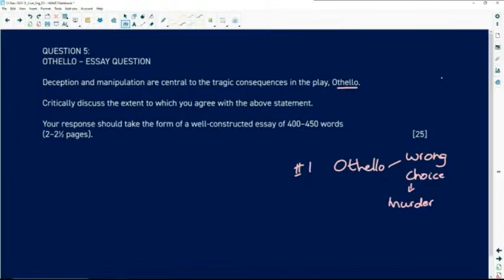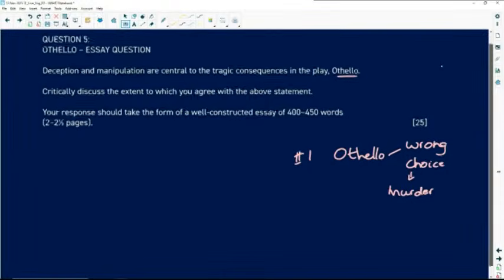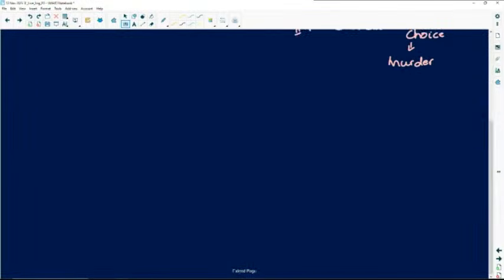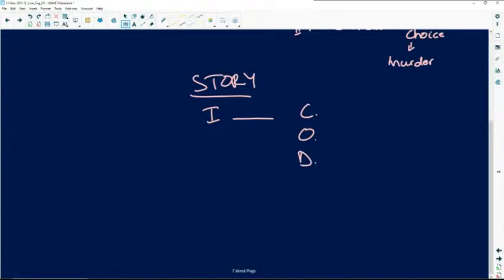But once again, be very careful. I've said to you that you will use the story. But you cannot just have your essay saying Iago deceives and manipulates, deceives and manipulates, deceives and manipulates all the characters, Roderigo, Montano, Ludovico, Brabantio.